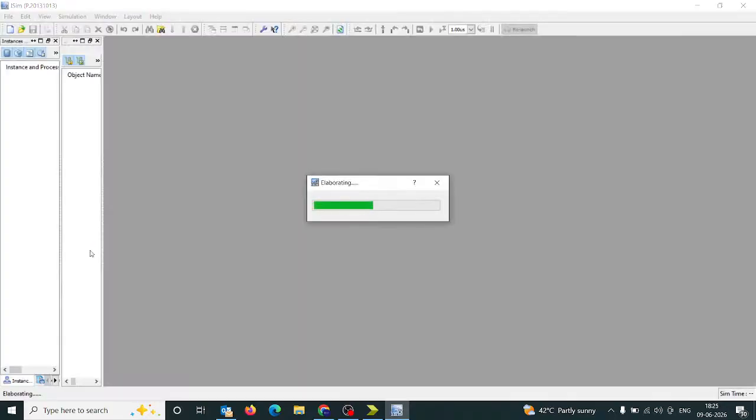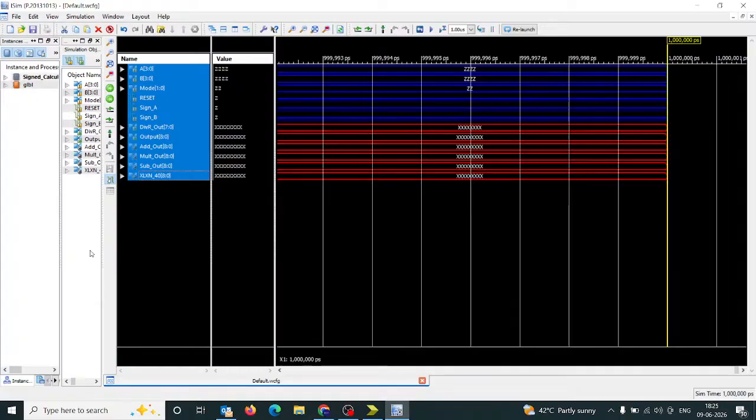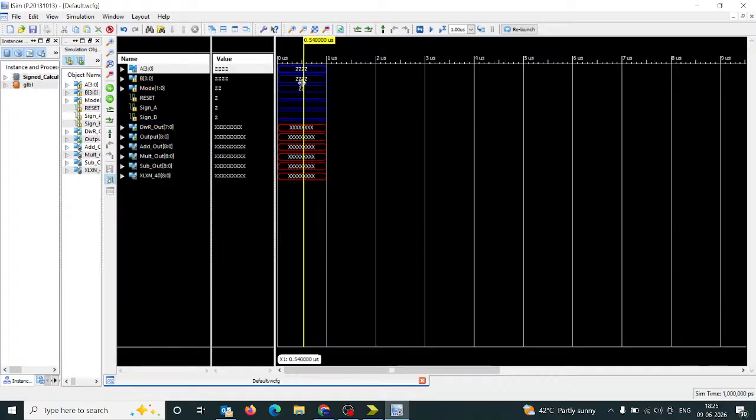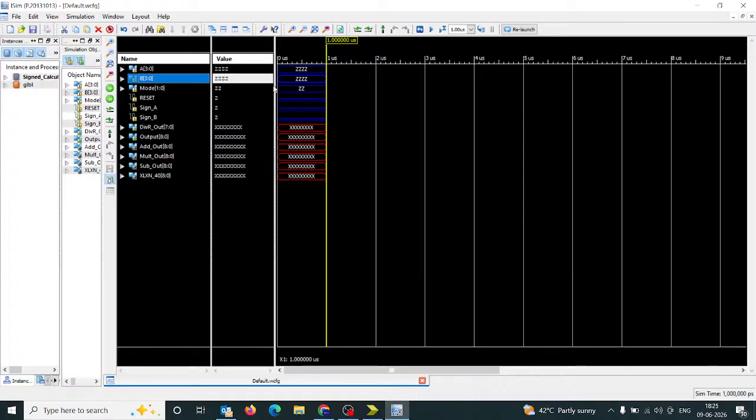I am giving you some introduction on how you're going to take the project and how you're going to verify it. We have input A of 4 bits and input B of 4 bits. Then we have a mode, 00, 01, 10, 11, which is going to decide addition, subtraction, multiplication, and division.